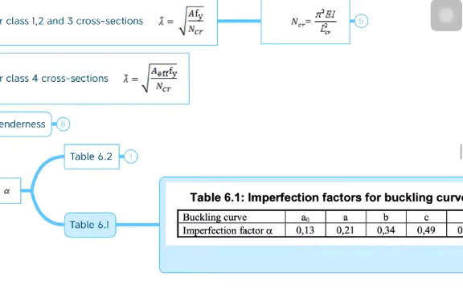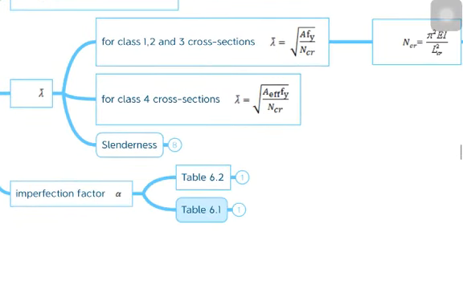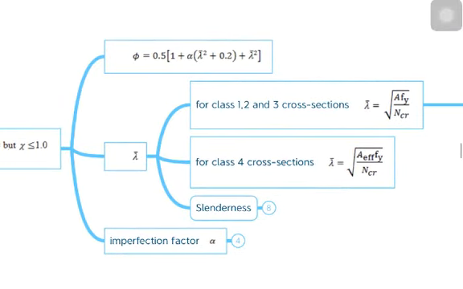Now once you know the table, you can choose and get the value of alpha. From that alpha, you can get the value of phi.